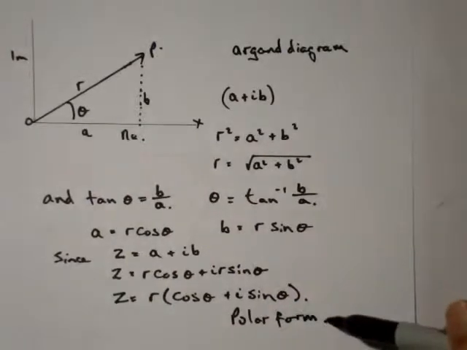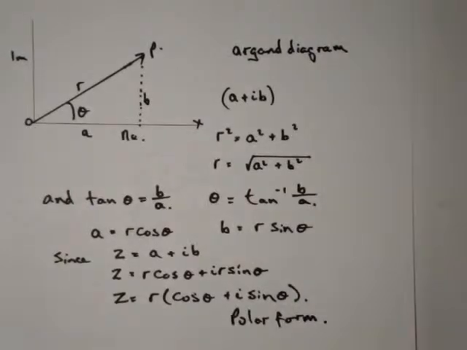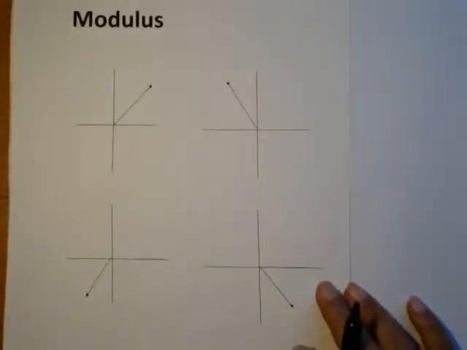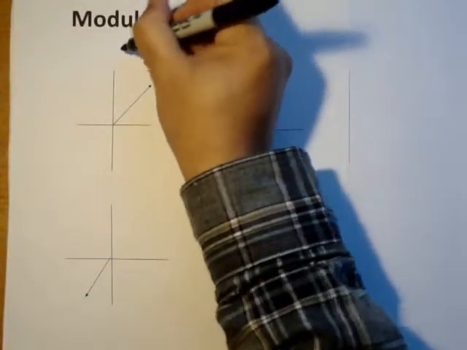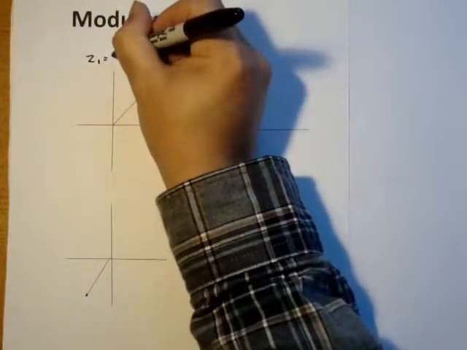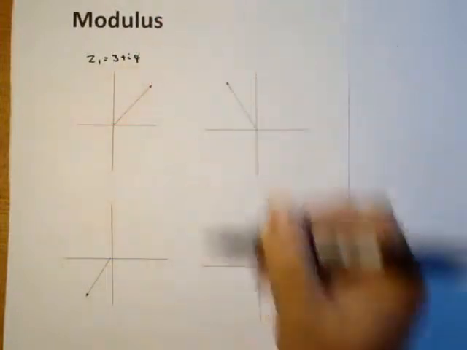This is called the polar form of the complex number. When we are graphically representing a complex number on an Argand diagram, say for this one, z1 equals 3 plus i4.